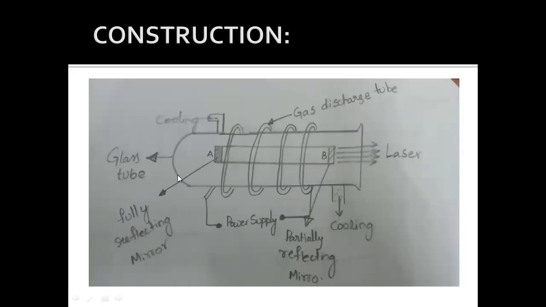And this gas discharge tube is provided with a power supply, and is mounted with a xenon flash lamp which will provide flashes at every several milliseconds. And this tube is provided with a cooling system with one inlet and one outlet where cool water is circulated continuously. And once the required intensity is reached, we take the laser output from the partially reflecting mirror end.